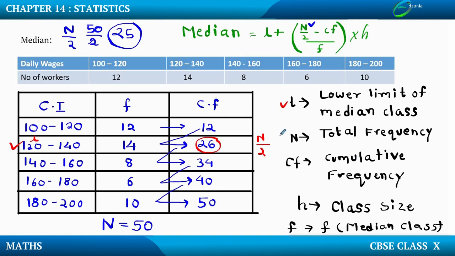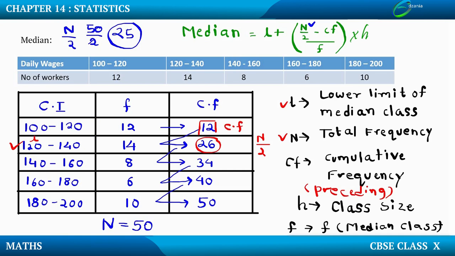Now n we have already got. CF is supposed to be taken of the preceding class. The preceding class is 100 to 120. Its CF is 12. So just mark it and name it as CF.